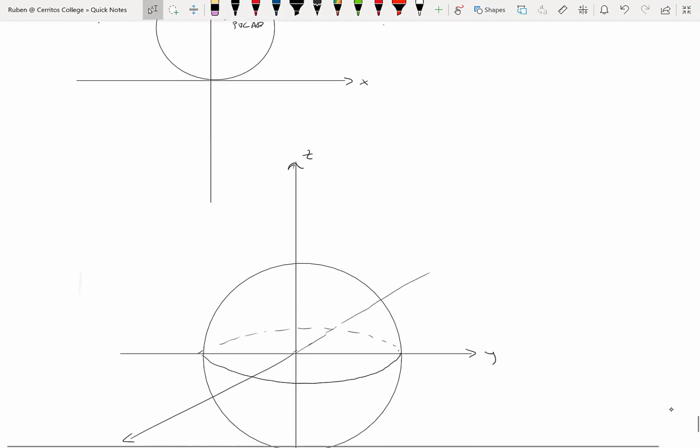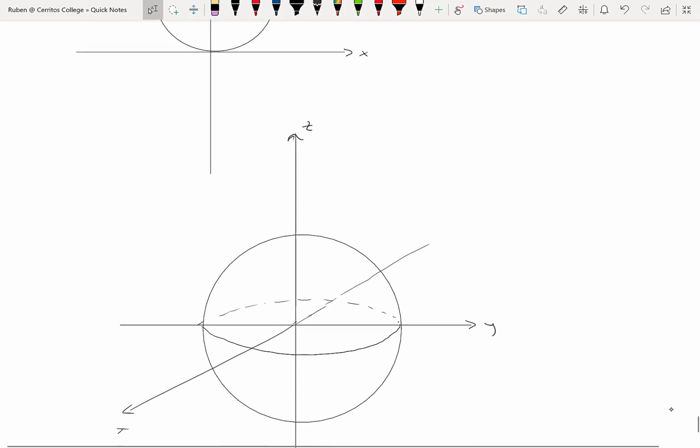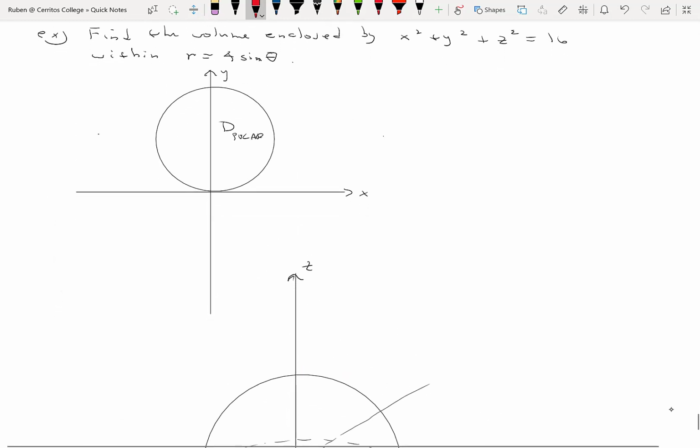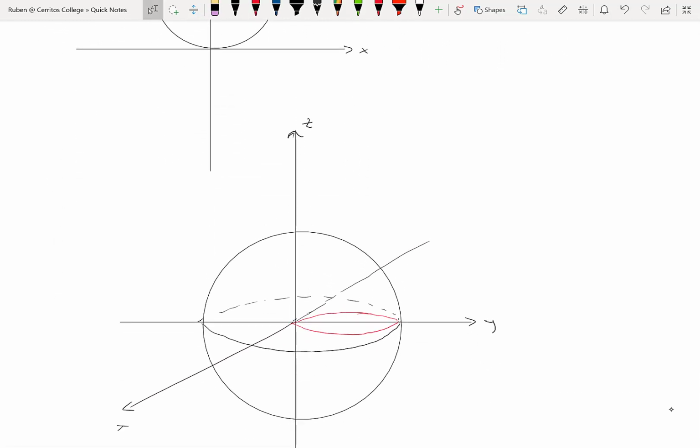The center of the circle is along the y-axis, and that says that the circle in red is about like this. The little red circle I just drew is the same D polar above in 2-space. Now imagine that little red circle is just one cross section of this cylinder that extends infinitely in both the positive and negative z direction.